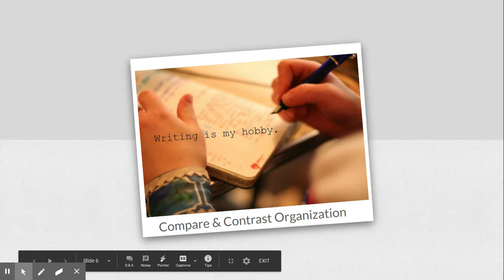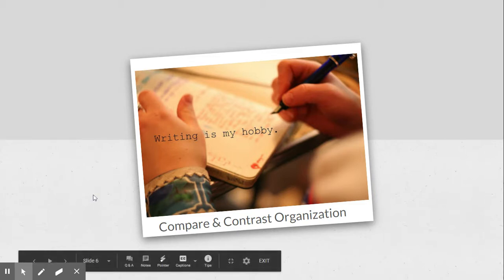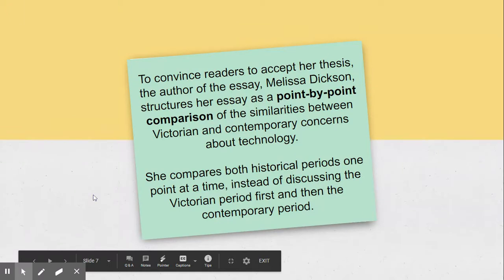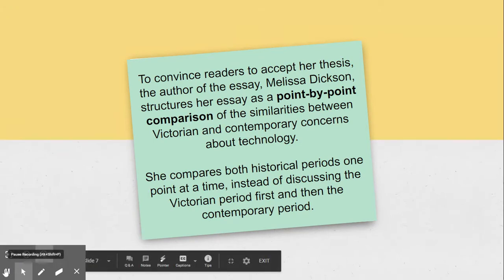Looking at the compare and contrast organization, which is one way to organize an essay. To convince readers to accept her thesis, the author of the essay, Melissa Dixon, structures her essay as a point-by-point comparison of the similarities between Victorian and contemporary concerns about technology.